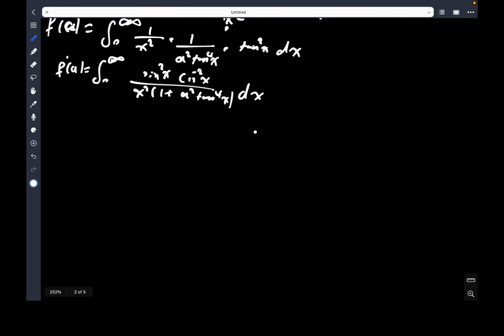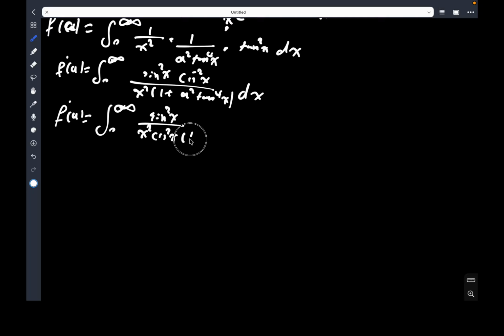So this is according to the chain rule and the derivative of arctan. Now if I sort this thing out here, the integral from 0 to infinity is going to become sine squared x over x squared cosine squared x multiplied by 1 plus a squared tan to the 4x dx.